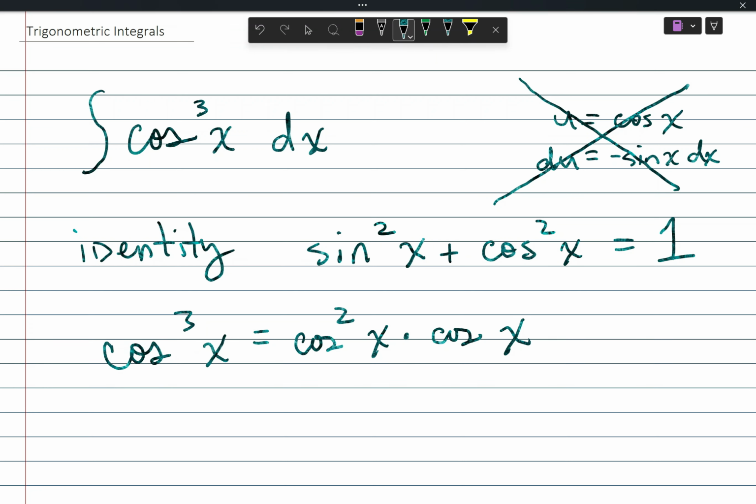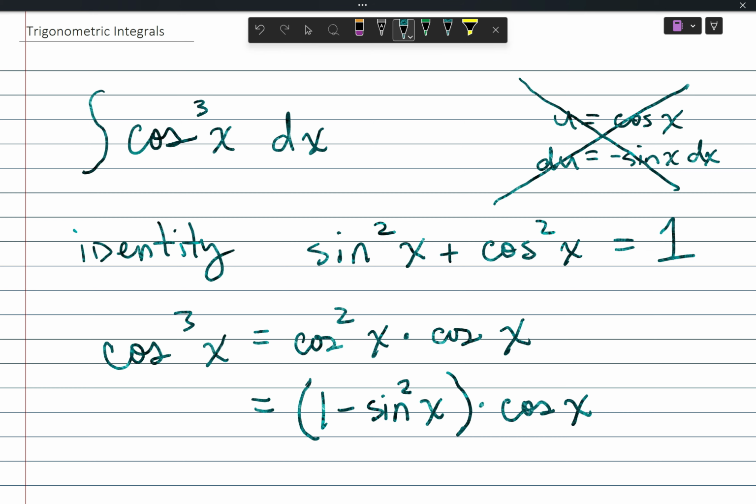If we go further with this, remember we can use that identity right up above. Cosine squared x we can rewrite as 1 minus sine squared x, and then multiply times that cosine x.